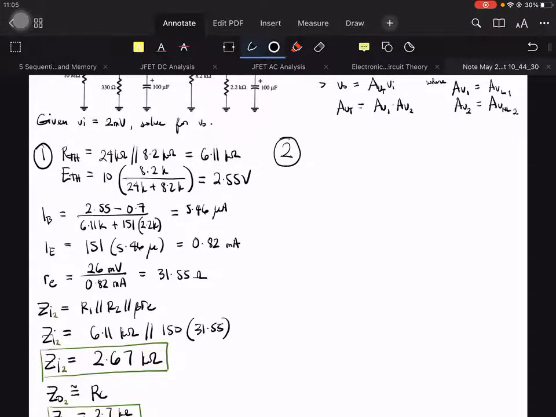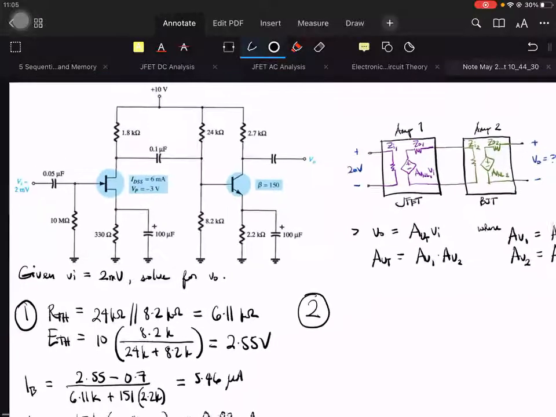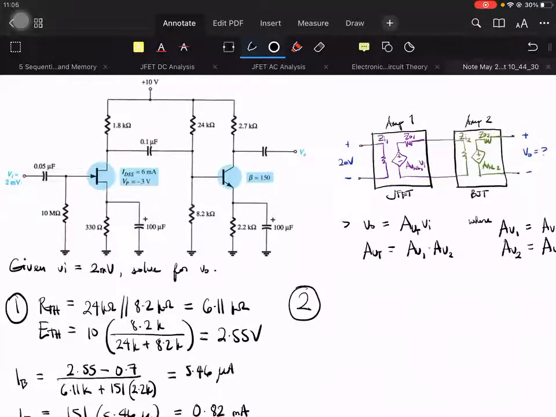DC of the JFET. So self-bias, not voltage divider. Okay, there is no resistor divider.